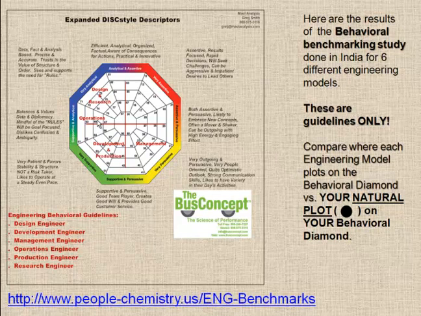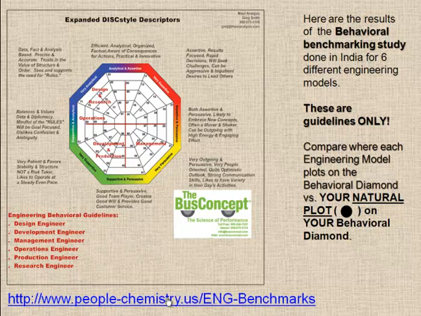The operations engineer, the research engineer, and the design engineer plot in the upper left-hand quadrant. So it's very important that you look at this in terms of understanding yourself, and then as a guide to help you make the right choices. You can see how you compare to these benchmark models that have been created for successful engineering positions.